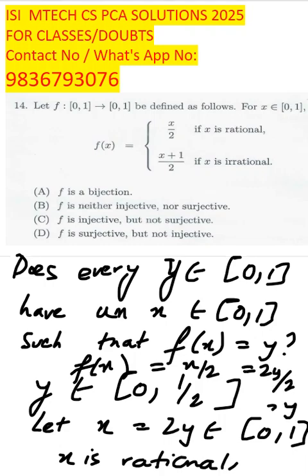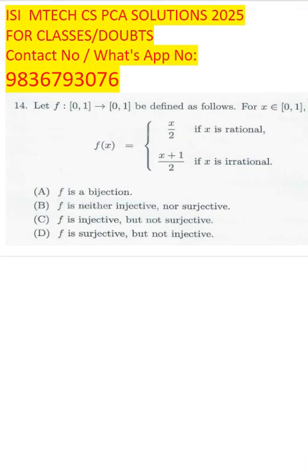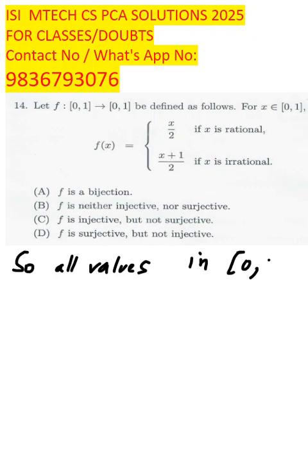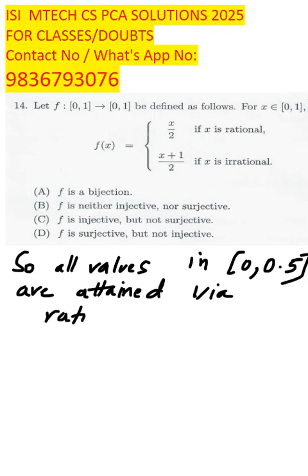Now for all values in (0, 0.5), they are attained via rational inputs.